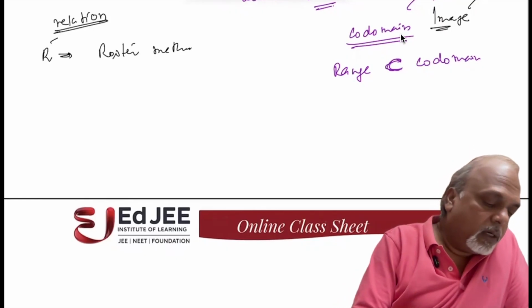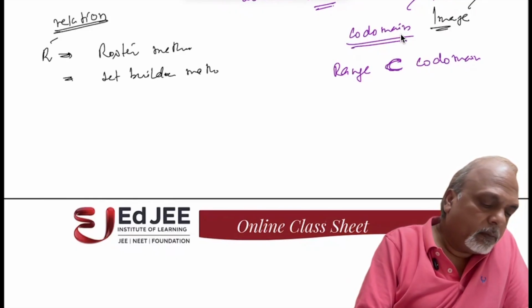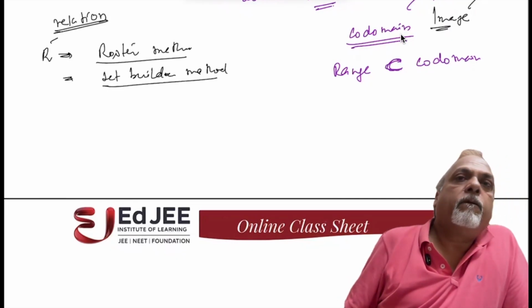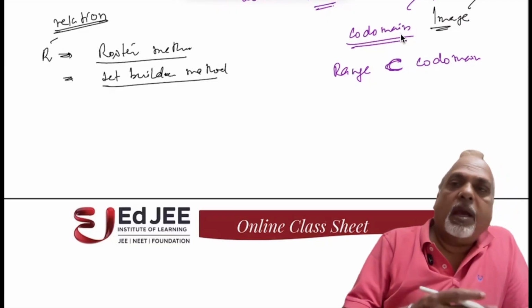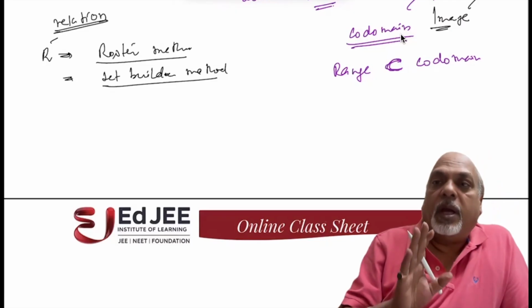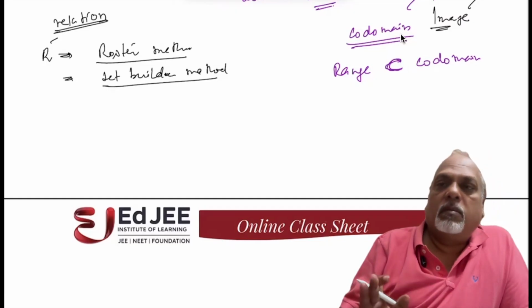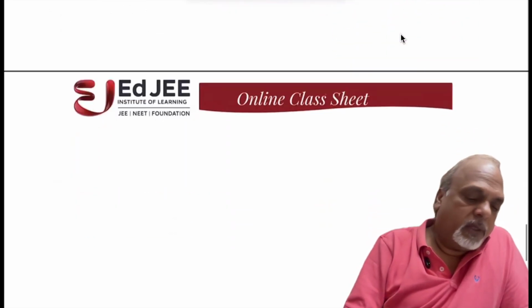This relation R can be represented by the roster method and also the set builder method. And your arrow diagram is nothing but the visual representation of the relation. Correct? Now, let us see. It will be clear with some examples.